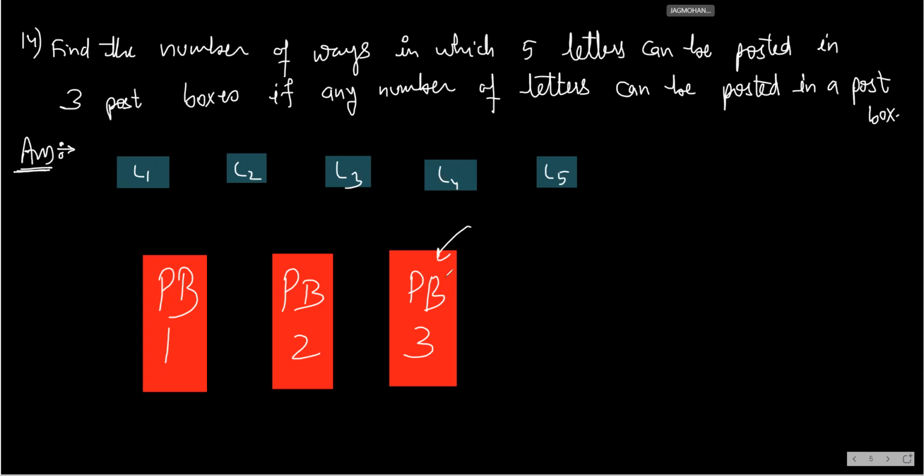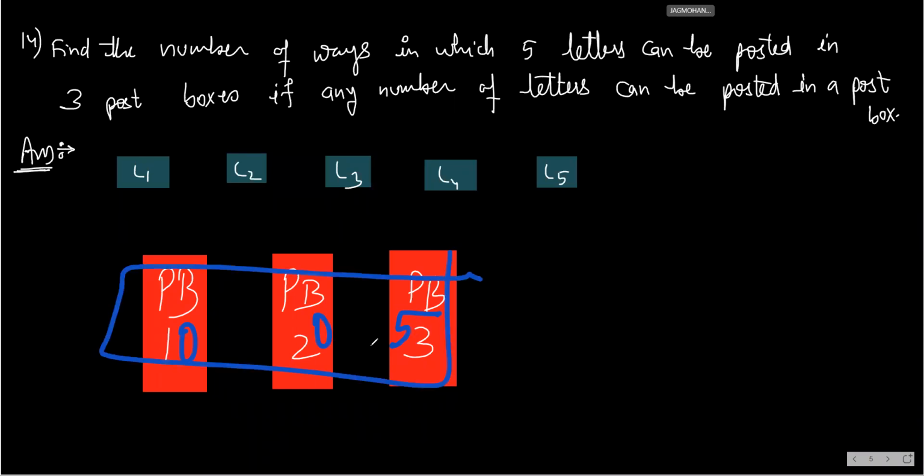You take all the 5 letters and put them there. Then you have all 5 letters here, and 0, 0. So the actual distribution is 0, 0, 5.